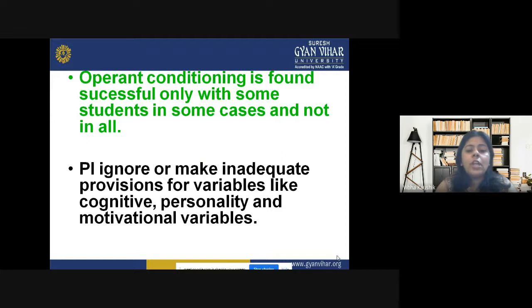Program instruction ignores or makes inadequate provisions for variables like cognitive, personality, and motivational variables. When a programmer constructs a program through the program instruction method, he ignores or makes inadequate provisions for the cognitive aspect, the personality aspect, and the motivational aspect.